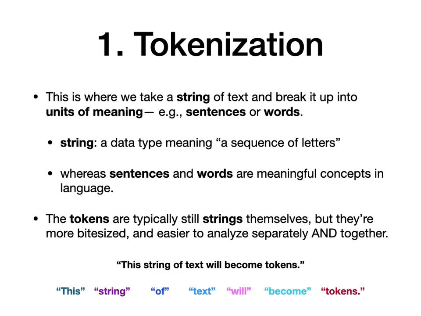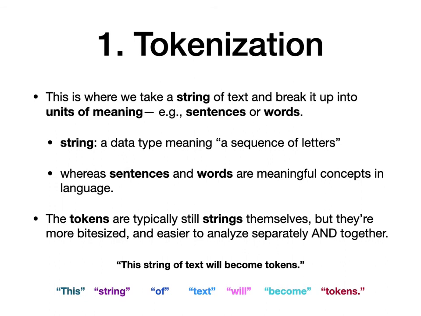This is where we take a string of text and break it up into units of meaning, aka tokens, and in this case, they would be things like sentences or words, right? So string, if you didn't know, is a data type meaning a sequence of letters. It is a basic form that text takes in computers. You must know and understand what a string is. I'm saying that to you as a person.